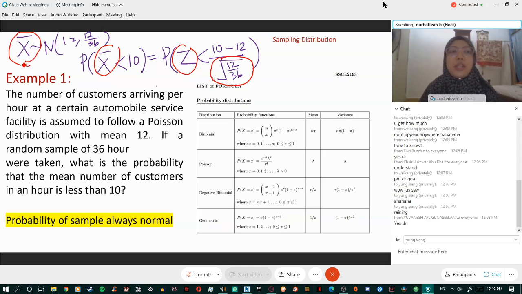That one is for the population. So the first important part is the distribution of your population. Then you find the probability of the distribution, then you change the X into the Z, and then you find the area, the final answer. So there should be 4 steps that you should do.